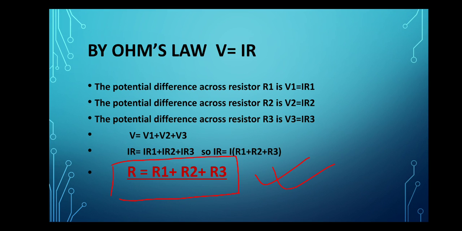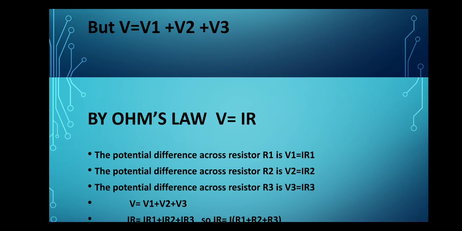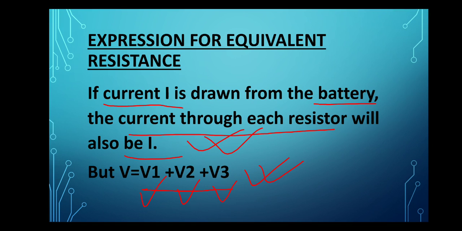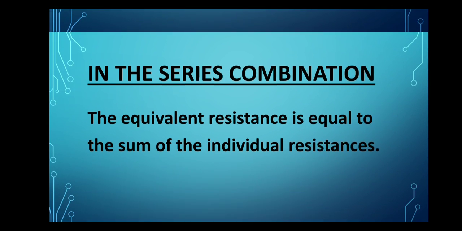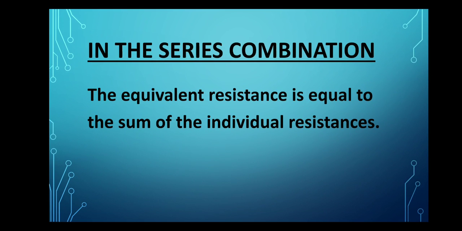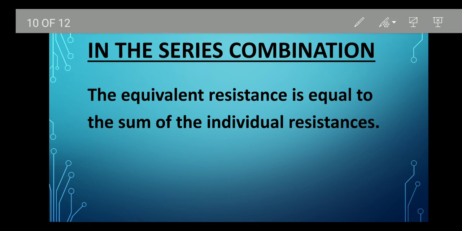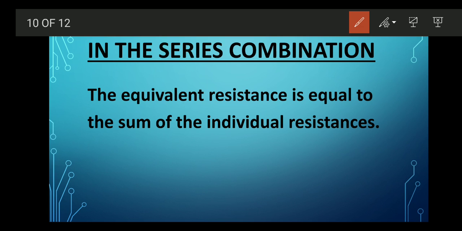Thus, we can say that in the series combination, the equivalent resistance is equal to the sum of the individual resistances, that is R, which represents the equivalent resistance, is equal to R1 plus R2 plus R3.